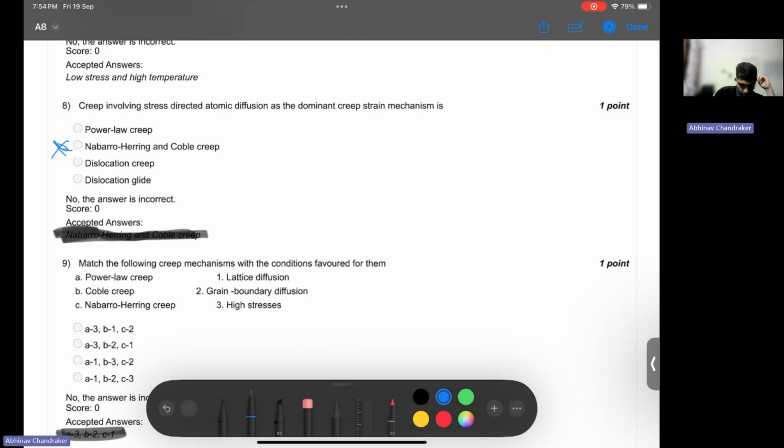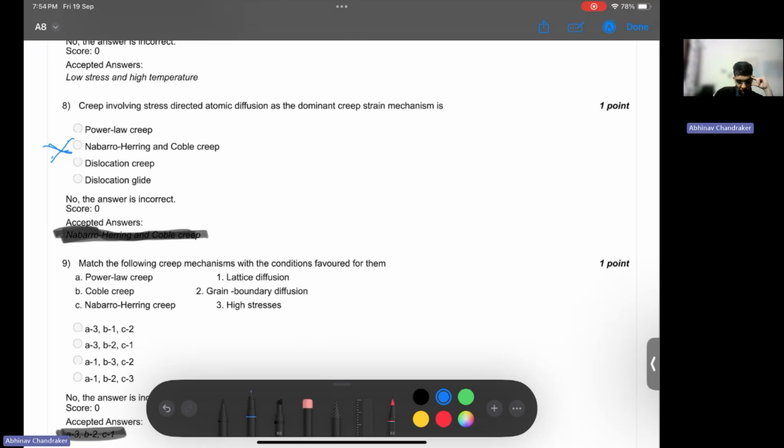You can have dislocation creep, power law creep. Actually, we have not looked at it in detail. Power law creep is more involving dislocation climb followed by glide. I think it's dislocation glide, which is stress directed, but there diffusion plays a very small role.